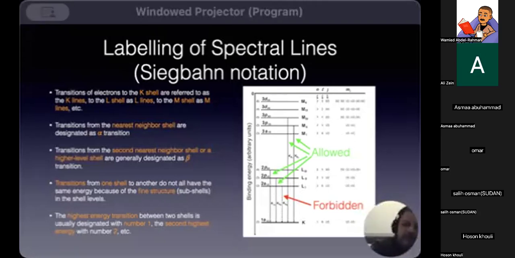Now, if we had a vacancy in the L shell and it is filled by a transition from an M shell electron, that will be an L alpha: L because the vacancy is in the L shell, and alpha because the M shell is the nearest shell to this vacancy. I hope it's clear.